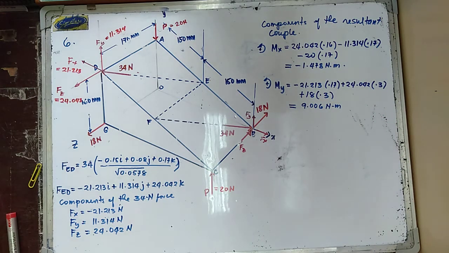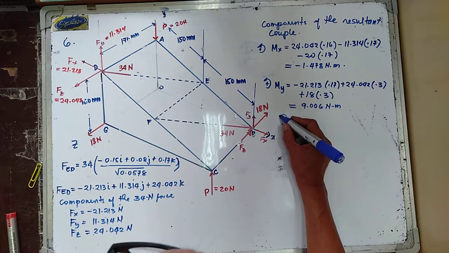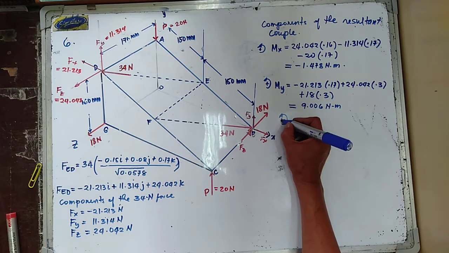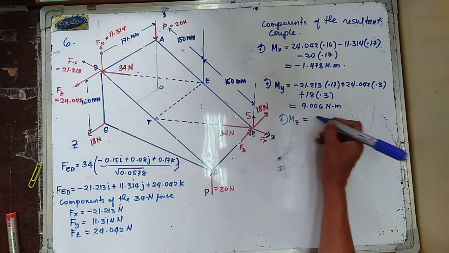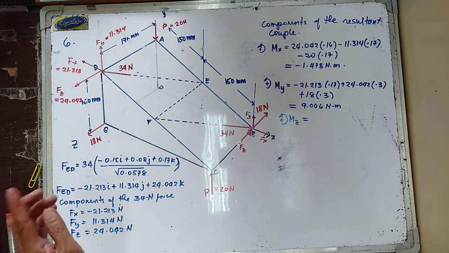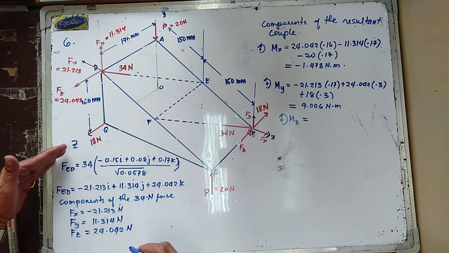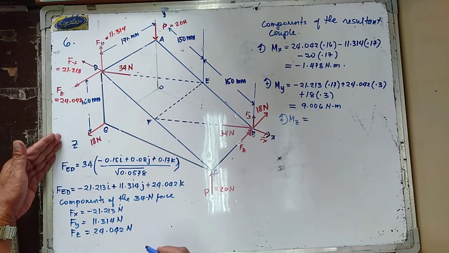Let's try to get now the moment of the resultant couple about the z-axis, counterclockwise moment, positive. So this is again the z-axis.